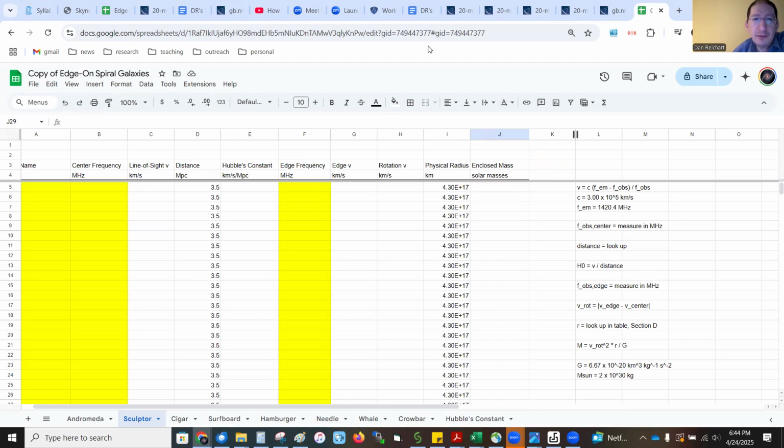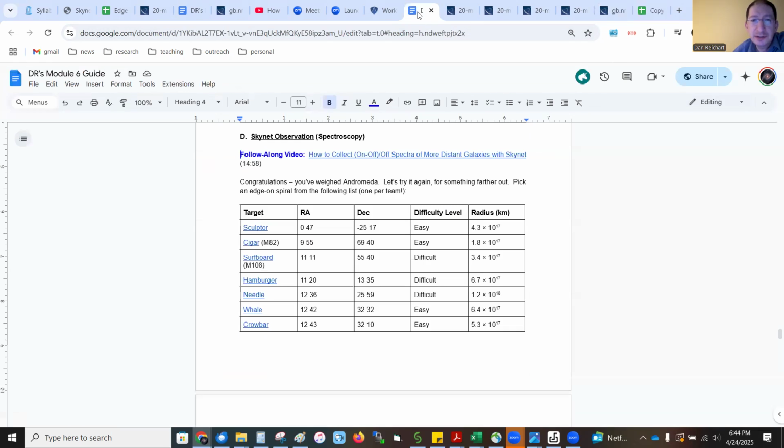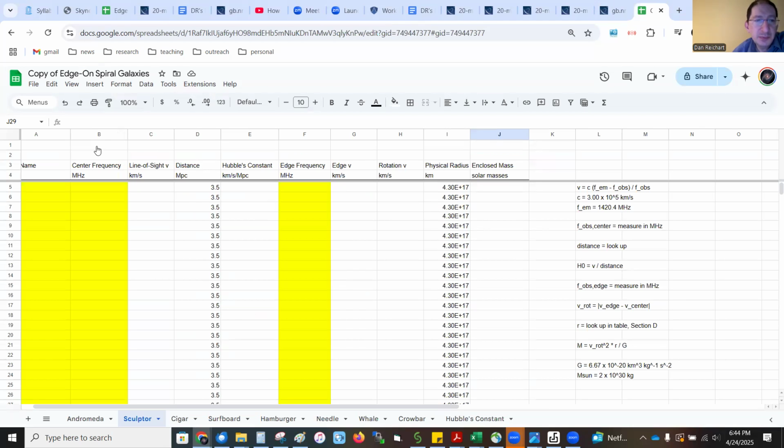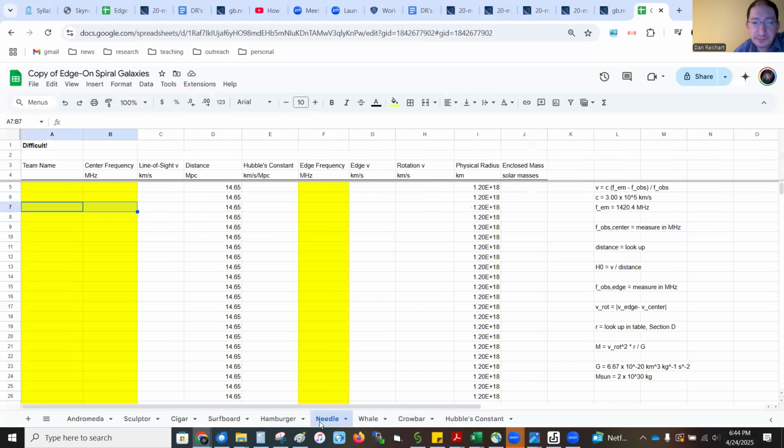So let's see, that was the needle. So in the spreadsheet, go to the tab for the needle. Each galaxy has its own tab. Okay. Your team name goes here.